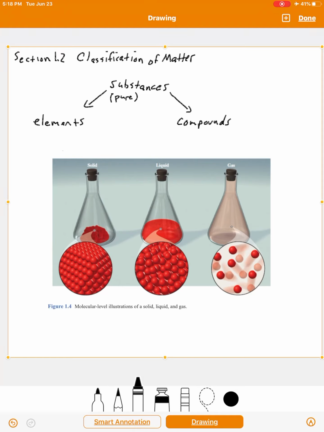So, substances are made up of either elements. Elements are the simplest substances that we can have. So they are made up of essentially materials that cannot be broken down chemically into simpler substances.